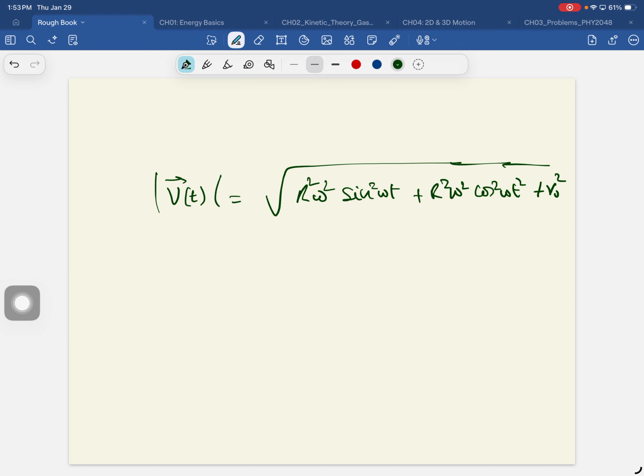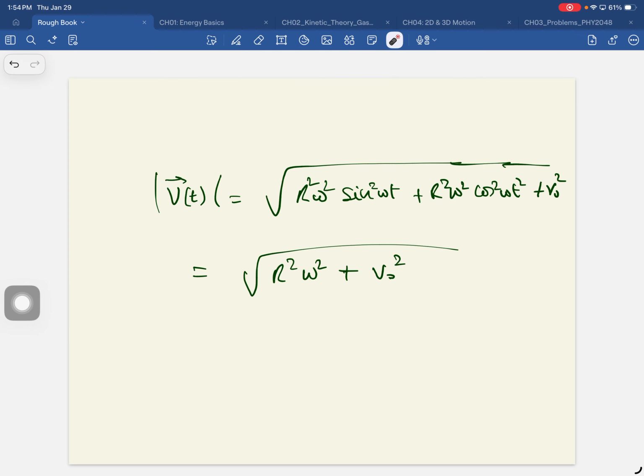And this adds to 1, so our speed is constant, and I can change that by changing all of those parameters.